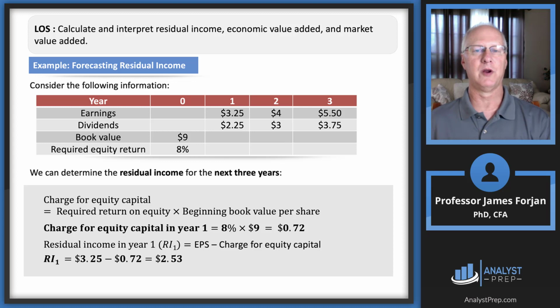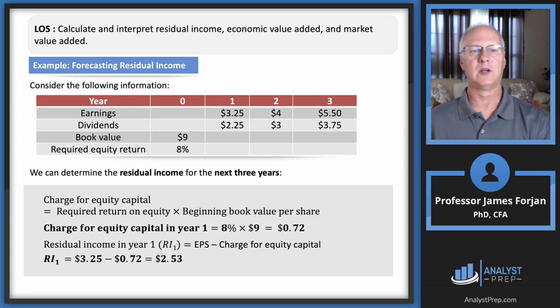Year 1, 2, and 3 earnings, and then years 1, 2, and 3 dividends. So notice that the dividends make up a large chunk of those earnings, right? So 2.25 out of 3.25, 3 out of 4, 3. All right, so everybody get that. So we're paying out lots and lots of dividends. We'll start with book value of $9 and a required return on equity of 8%.